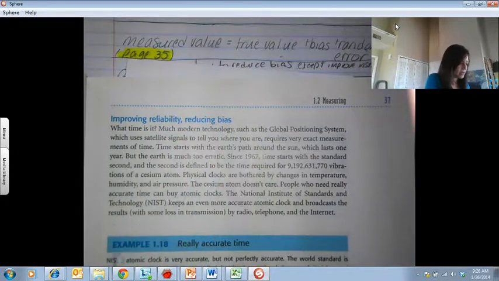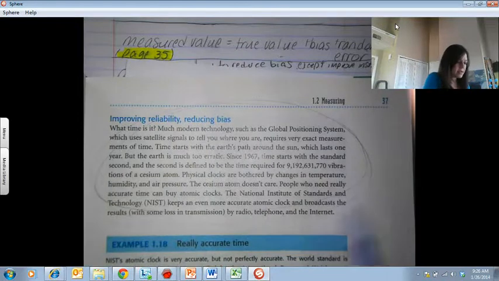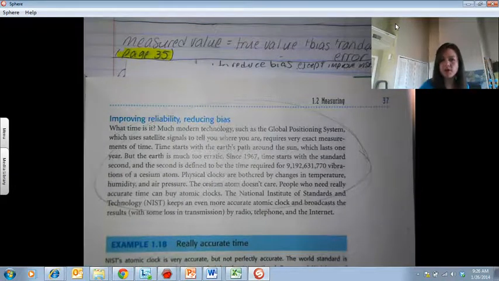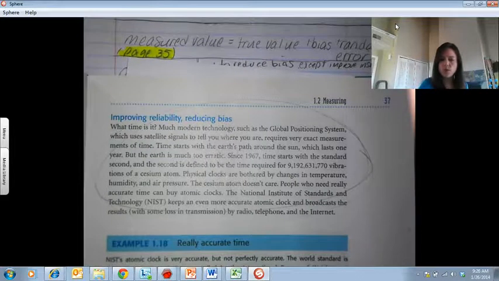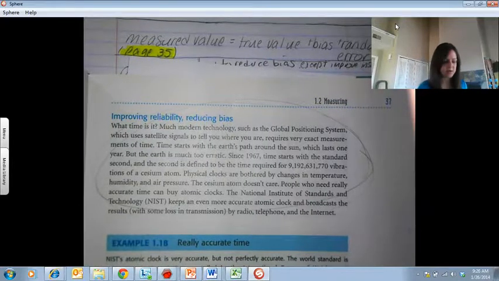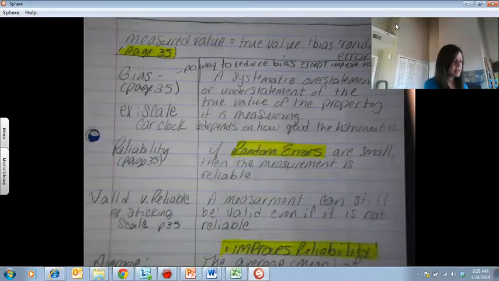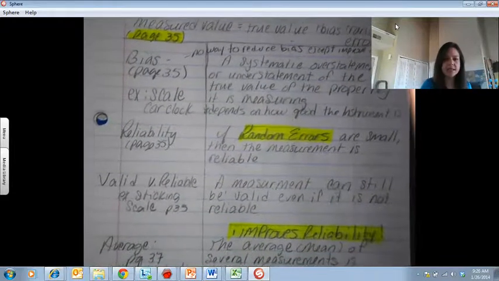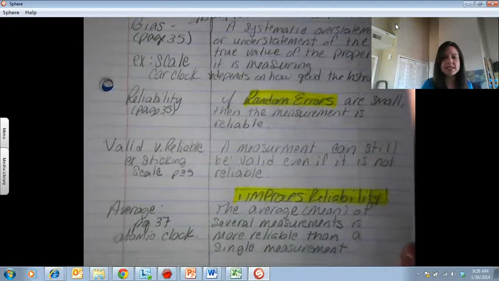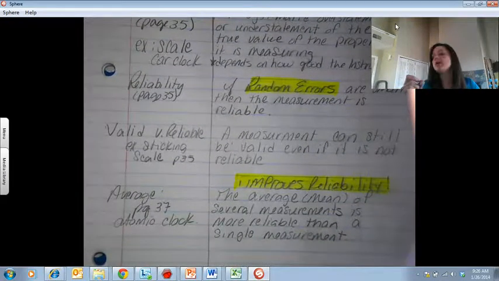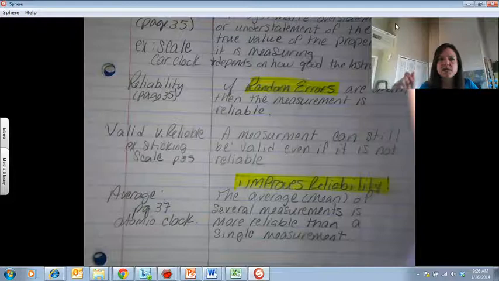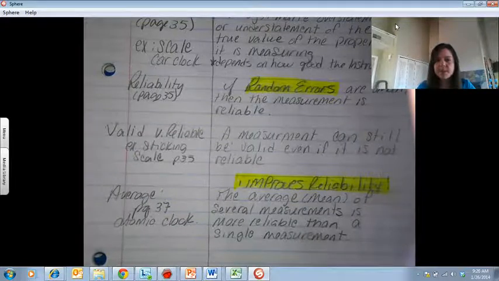I hope you have your book out while you're doing this and maybe have printed out these notes so you can look at what's happening in the book, because I'm talking about those things. Like we said before, unless you fix your instrument or buy a new instrument, you're not really going to be able to fix the bias. But the good thing about bias is if you know what the bias is, you can always adjust for it.